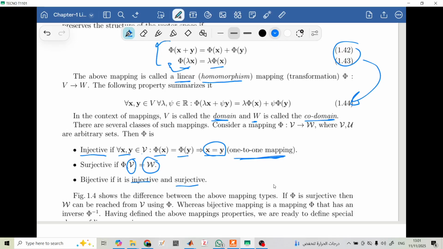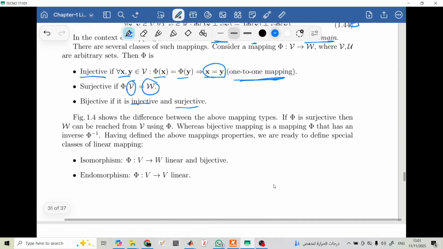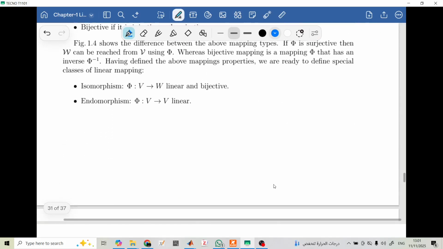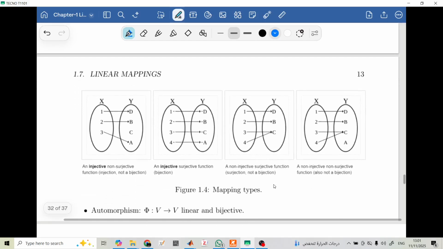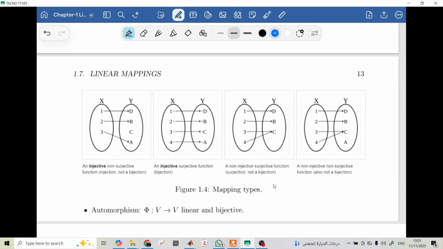Okay. So we have a look at figure 1.4 and have a small example for them. So we have, let's say this is the domain X, and the codomain here. Again, X and Y are the domain and codomain for all the examples.